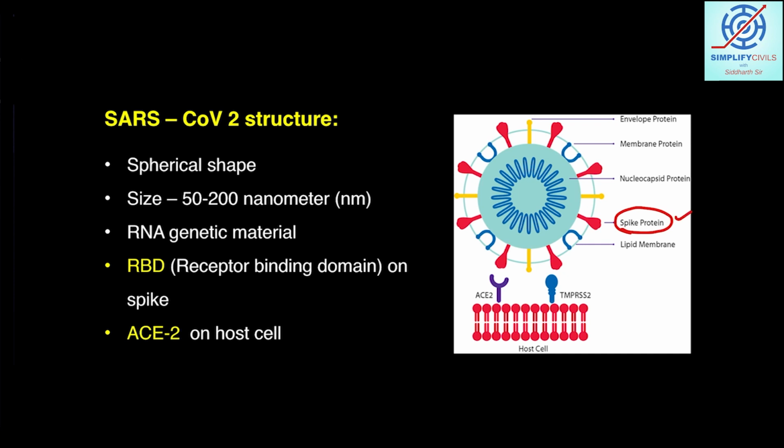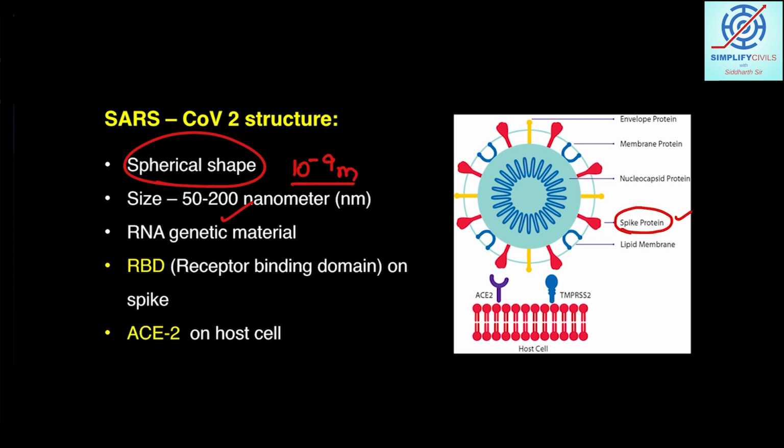This spike protein is the reason we call it a coronavirus, because just like the rays coming out of the sun, the spike proteins give it a corona shape. A spherical shape is seen, and that is why it is called corona. The size of the virus is approximately 50 to 200 nanometers. A nanometer can be defined as 10 to the power minus 9 meter.